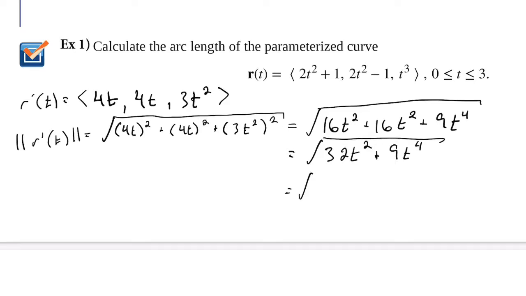Let's factor out a t squared. We'd be left with 32 plus 9t squared. Since we factored out the t squared, we can take the square root of that factor. So that would come out as a t. And then we have radical 32 plus 9t squared.